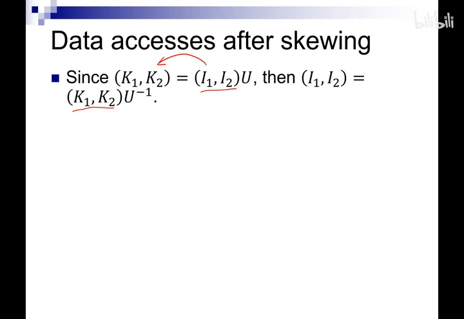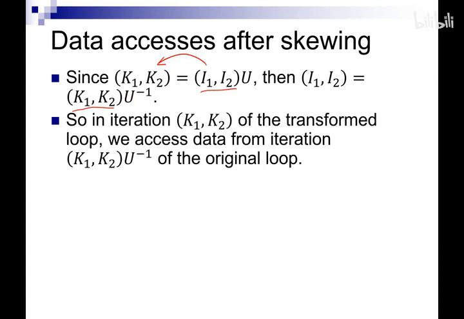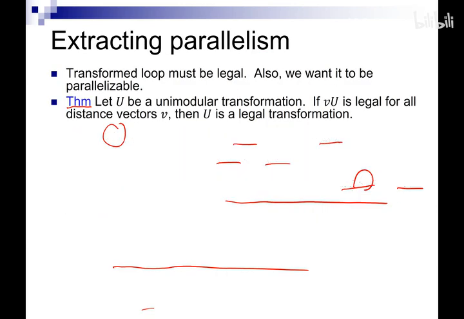You just multiply by the inverse of U, and so for this k iteration, this corresponds to this I iteration. Therefore, in this k iteration, the data you're accessing is from this iteration of the original loop, because we know all the data accesses in the I iterations.